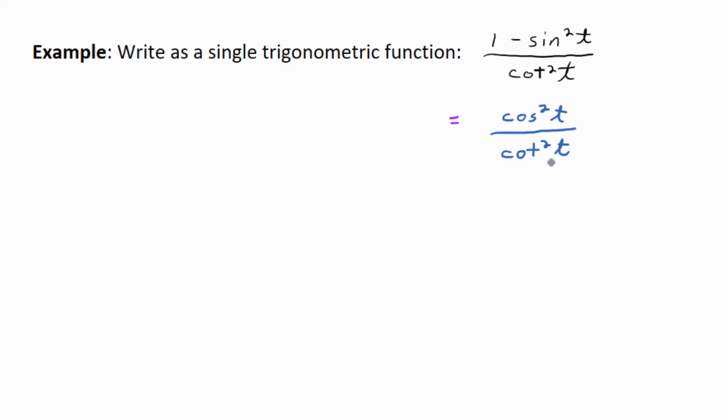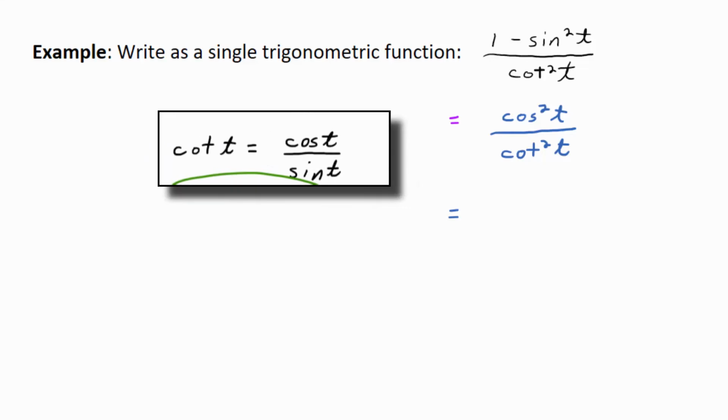We're trying to write this as a single function, right? So we're not quite there yet. What about cotangent squared t? Could you rewrite that using one of those ratio identities? What do you know about cotangent in terms of sines and cosines maybe? It's cosine over sine.